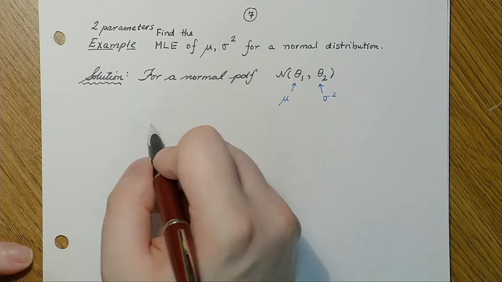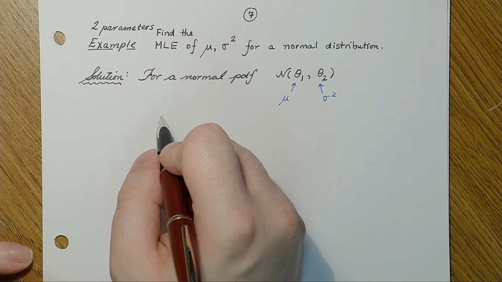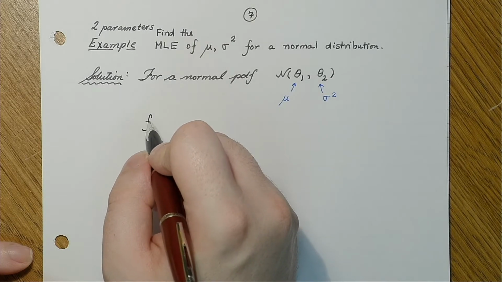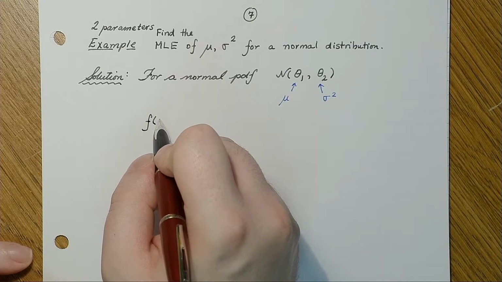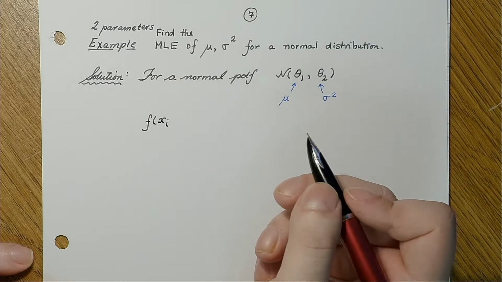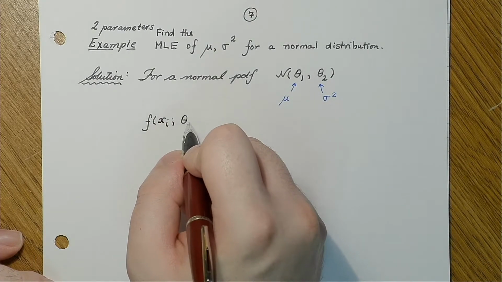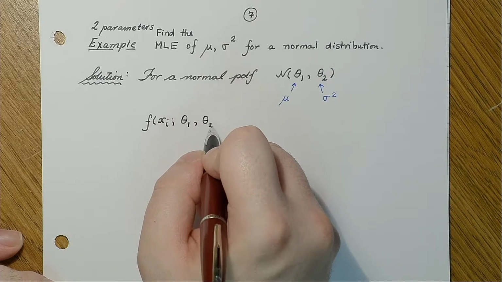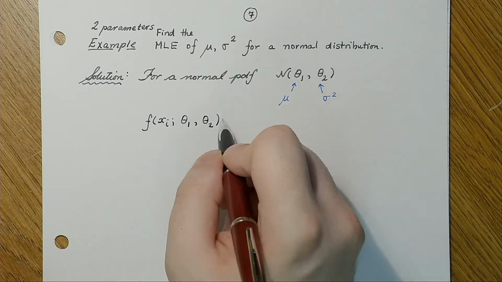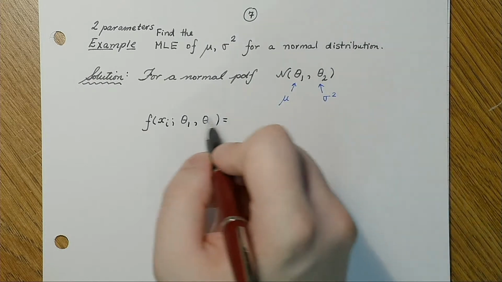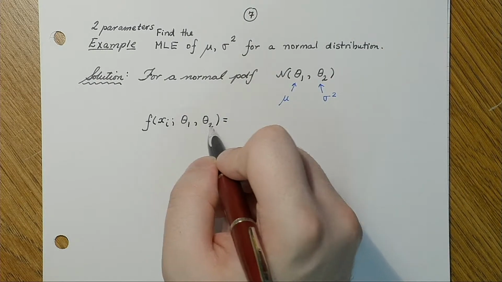And so the PDF is, we'll have xi, because we'll have a random sample. And I just replace my variables now with theta 1, theta 2.